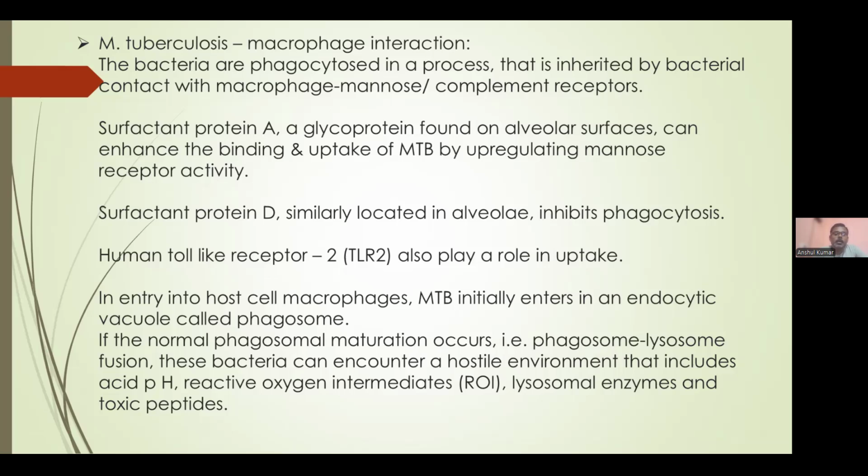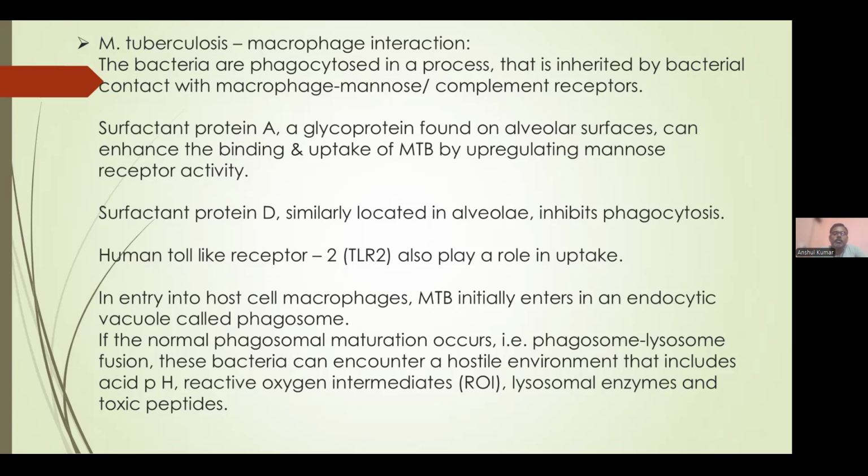On entry into host cell macrophages, MTB initially enters an endocytic vacuole called a phagosome. If normal phagosomal maturation occurs, with phagosome-lysosome fusion, these bacteria encounter a hostile environment that includes acid pH, reactive oxygen intermediates, lysosomal enzymes, and toxic peptides.